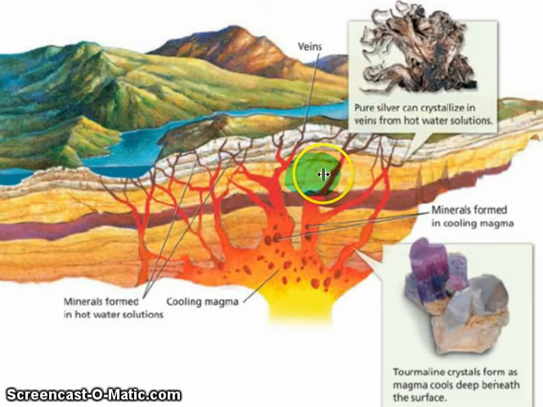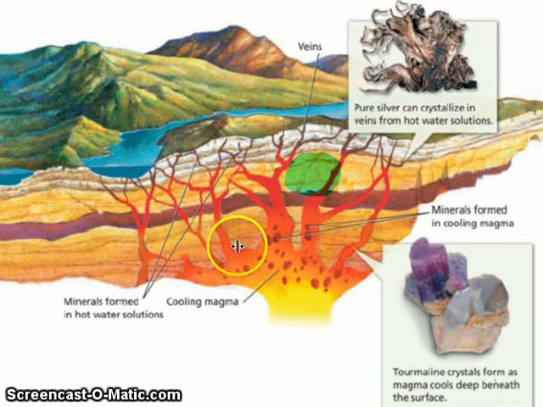So now you have a mineral-rich hot water solution underground. Because it's underground, it is not going to evaporate. It's trapped. There's nowhere for the water vapor to go. So this mineral-rich solution stays liquid and hot as long as this magma continues to heat it.